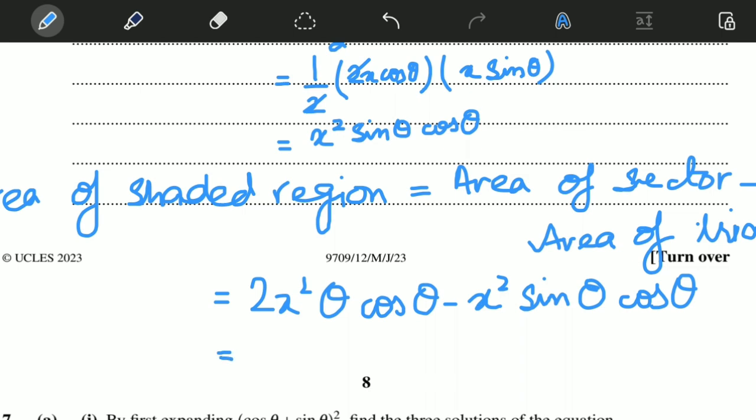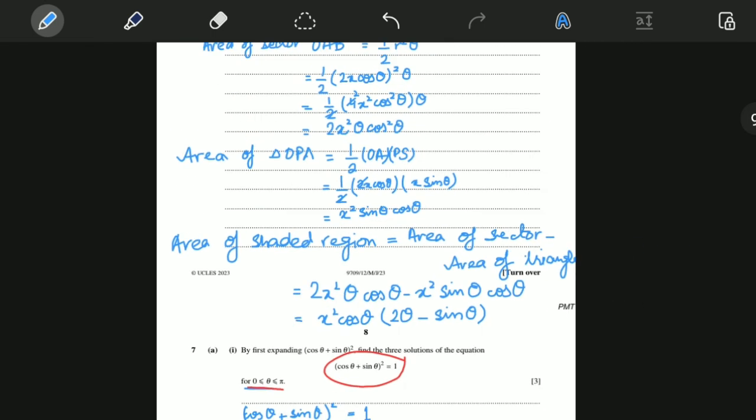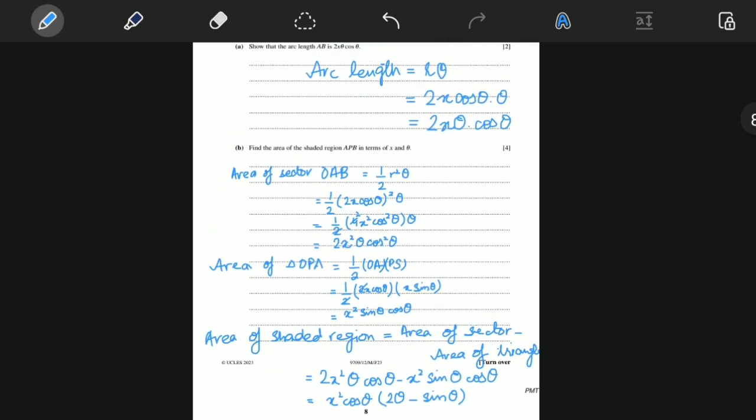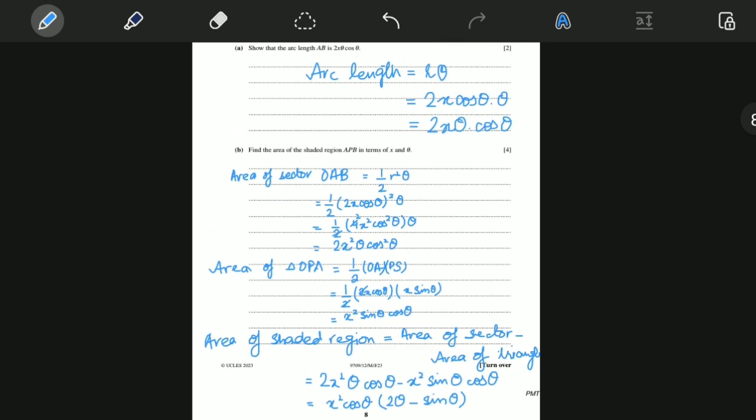So we can take x square and cos theta common. So x square cos theta, and here will be left 2 times theta minus sine theta. So this is your whole working of part B and A both.